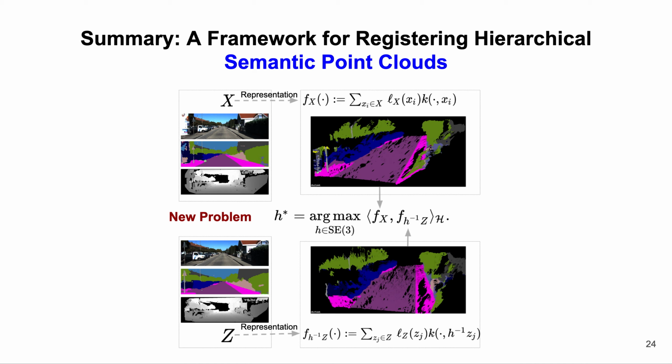So to sum up, we propose a framework for registering hierarchical semantic point clouds. The point clouds are represented as continuous functions that take the geometric and non-geometric information into consideration. And the registration problem is formulated by maximizing the two functions.